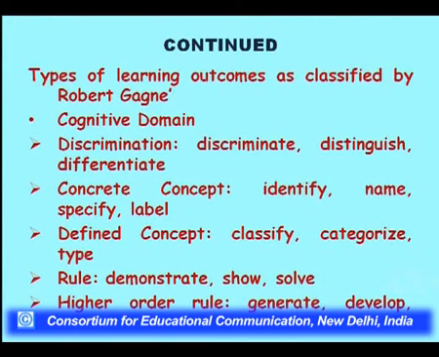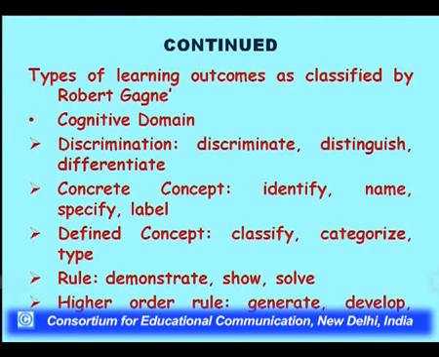Then, as I said, the other thing which has to be taken care of under the cognitive domain is that he should be able to discriminate, distinguish, differentiate, not only understand the concept. Yes, he has to understand the concept. He must know the body of information, all that.